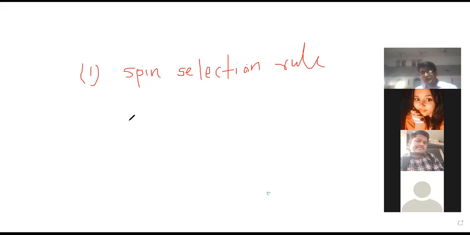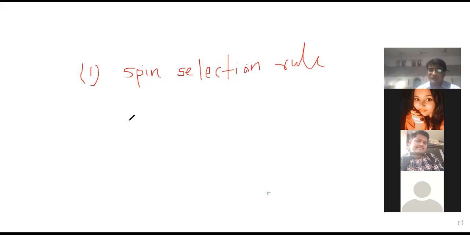So what does this spin selection rule say? According to the spin selection rule, electronic transitions taking place between the same spin multiplicity or the same spin state are allowed, whereas transitions resulting from different spin states are not allowed. It is a forbidden transition.